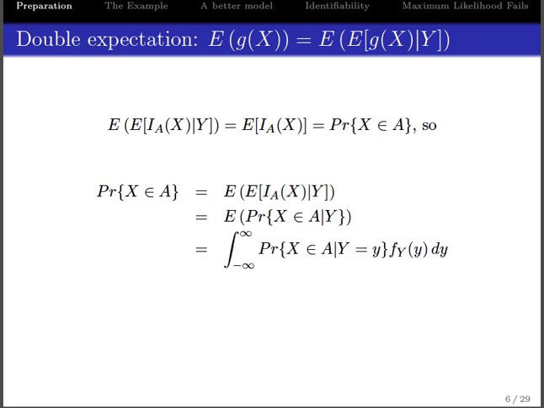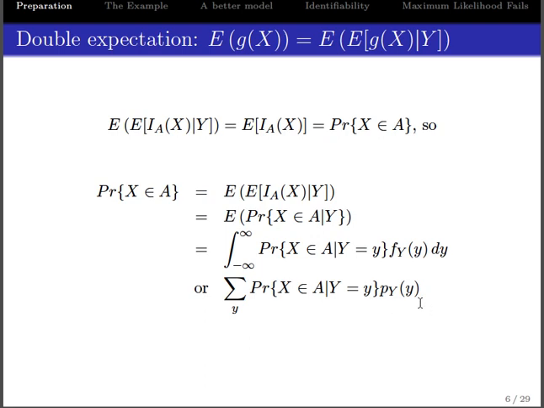So for example, if y is continuous, you basically take this conditional probability that x is in A given y, and you're integrating it against the distribution of y. Or if everything is discrete, it's a sum over y.